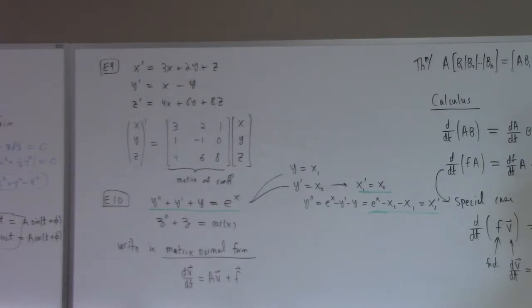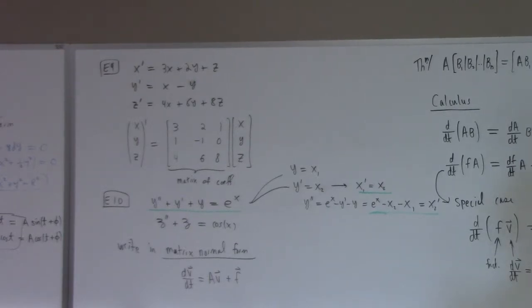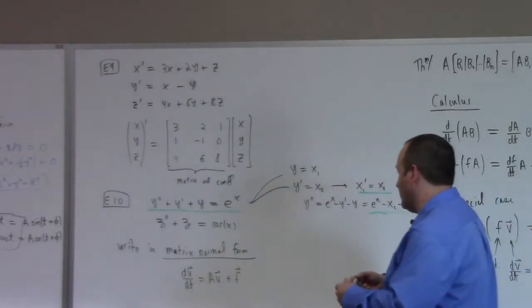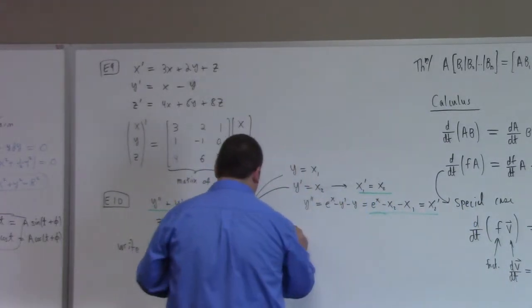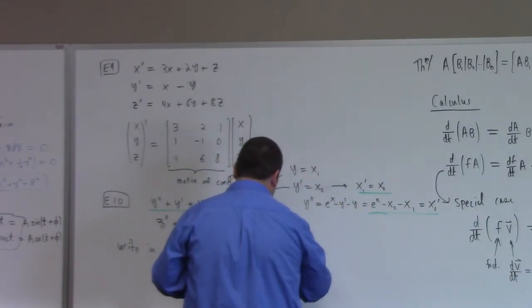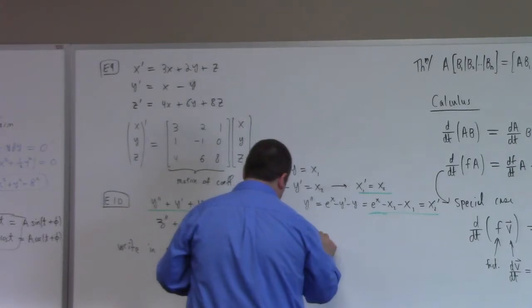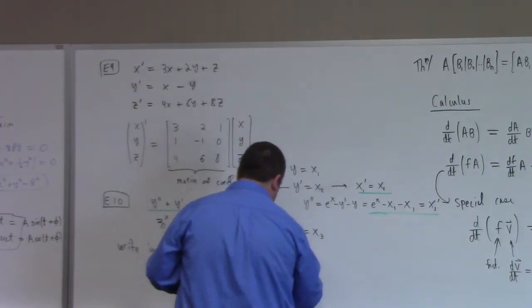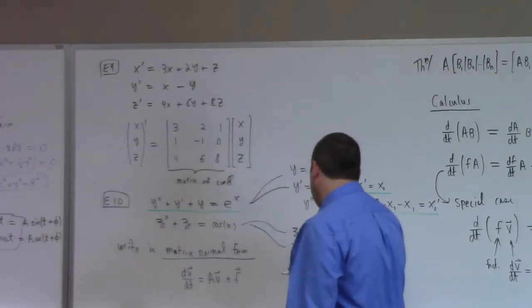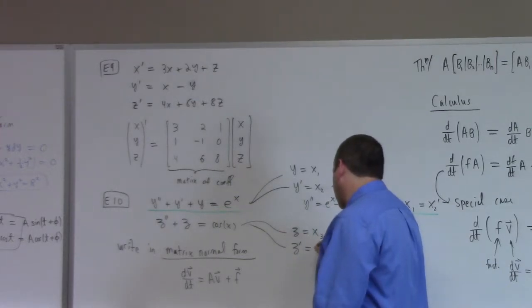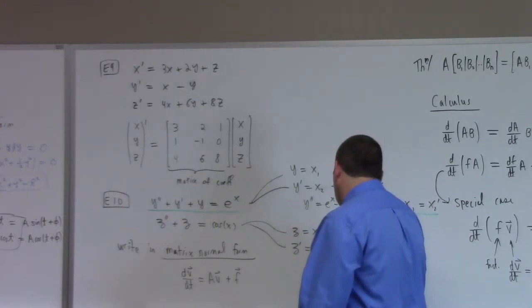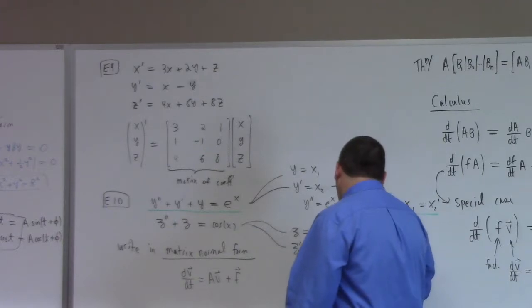You can do the same thing with the second differential equation with the z. Introduce an x3 and an x4. I'll let z equal x3. What do you think z prime should be equal to? x4, right? So x3 prime is x4.